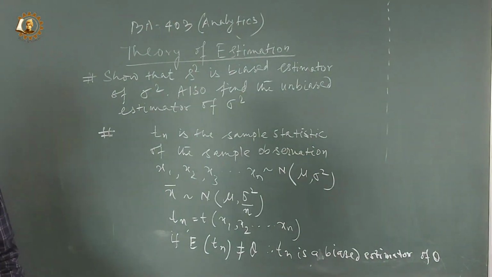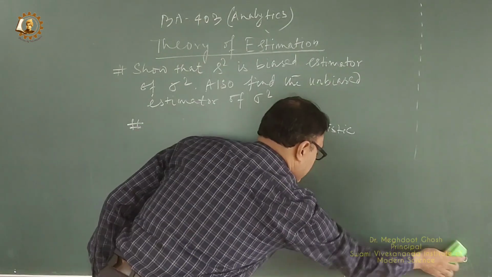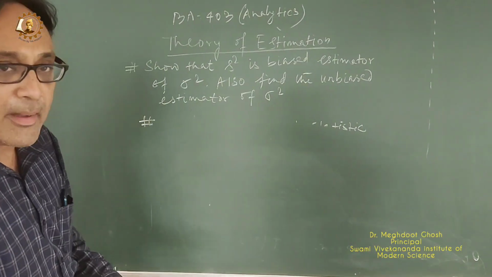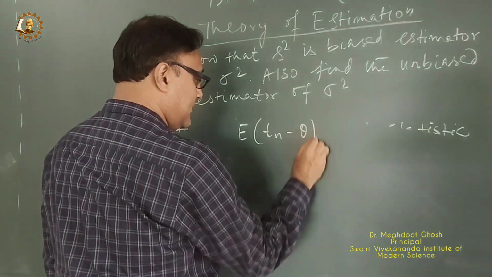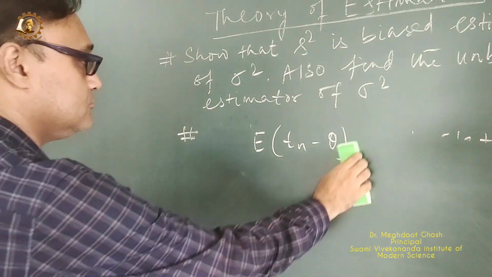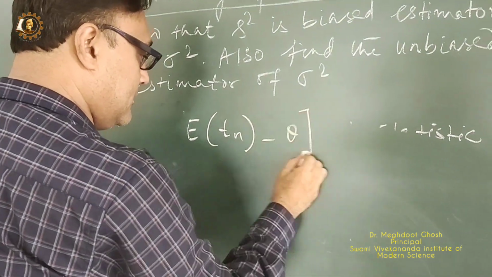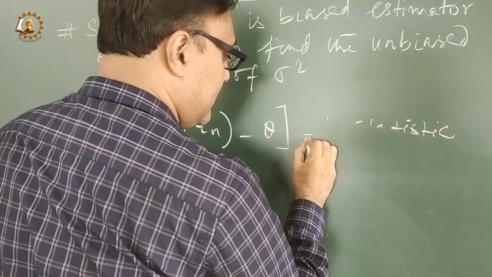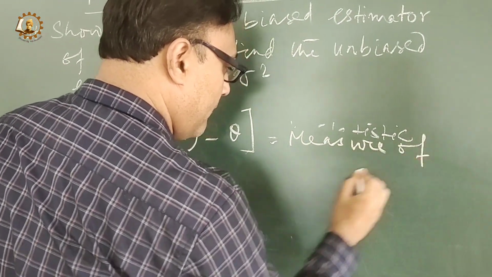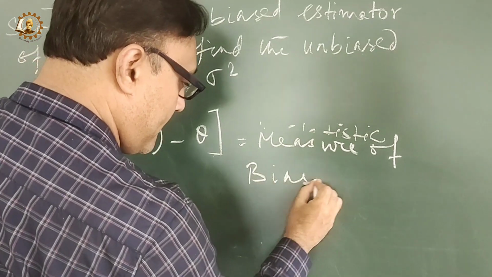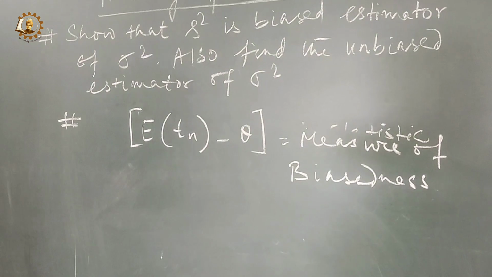And what is the measure of biasedness? The measure of biasedness is E of Tn minus theta. This is called the measure of biasedness.